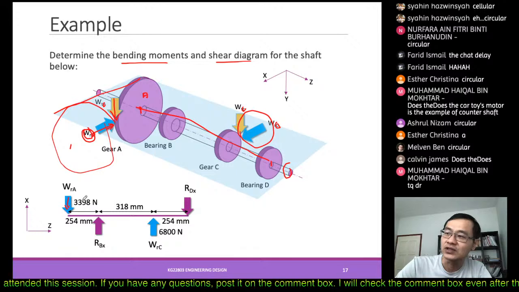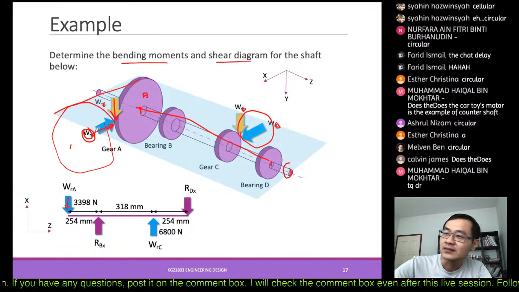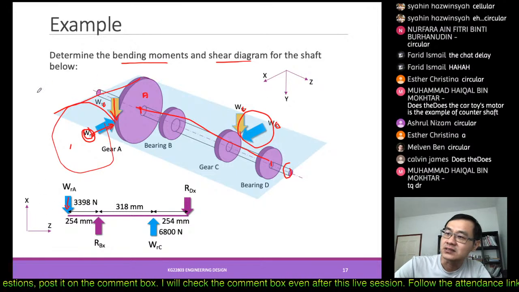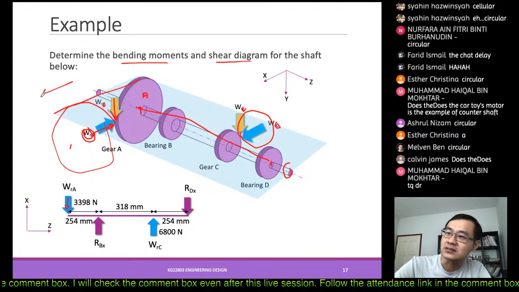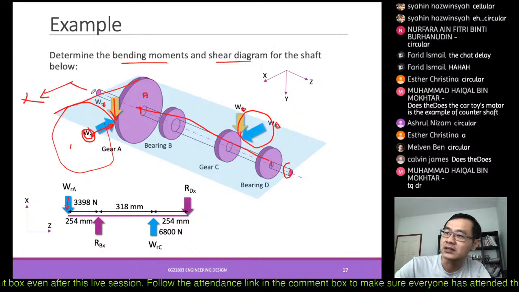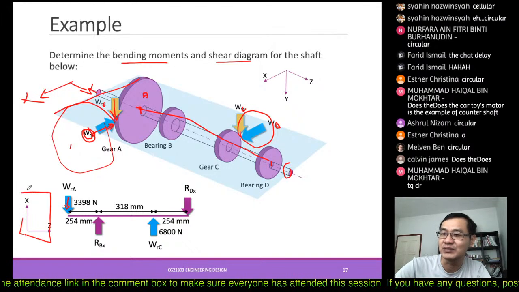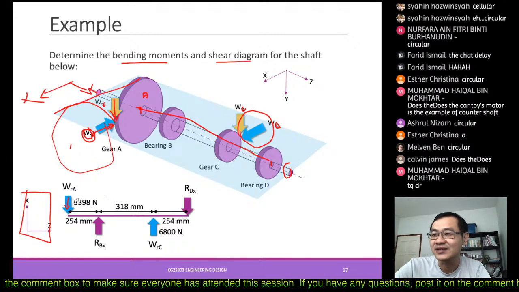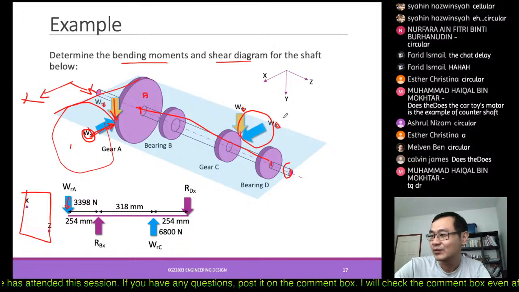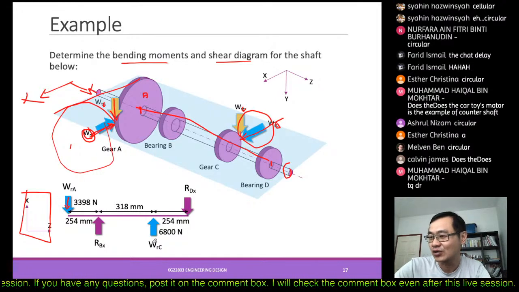If we rotate it, this is the X, and along here is the Z. If you rotate your head, then you will be looking like this, right? Moving in these directions, going down, moving in these directions, going up.